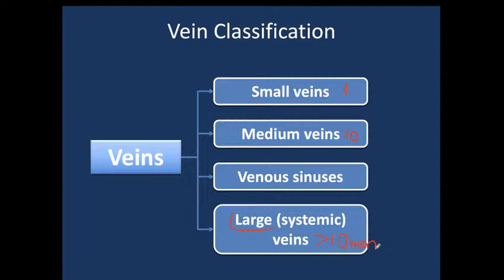The tunica externa is the thickest layer and contains longitudinal bundles of smooth muscles. Large veins include the vena cava, pulmonary veins, internal jugular veins, and of course renal veins.